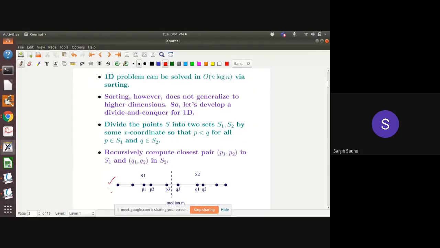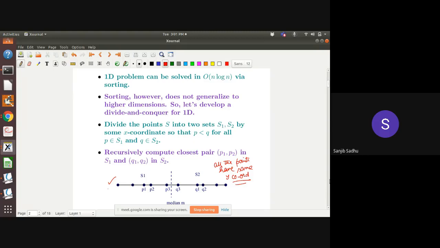You check it, all the points have the same y coordinate. So that's why this is one dimensional. It means the y coordinate doesn't differ, only the x coordinate differs.